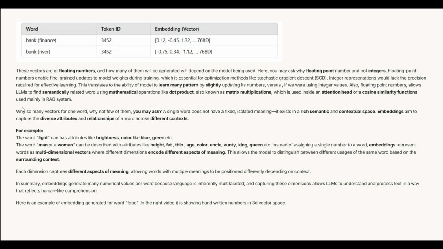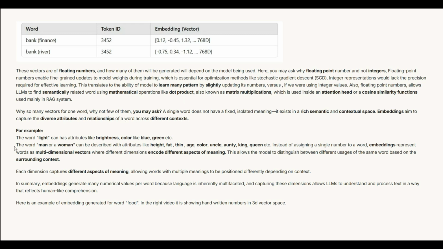Why so many vectors for one word? Why not a few of them, you may ask? A single word does not have a fixed, isolated meaning. It exists in a rich semantic and contextual space. Embeddings aim to capture the diverse attributes and relationships of a word across different contexts.